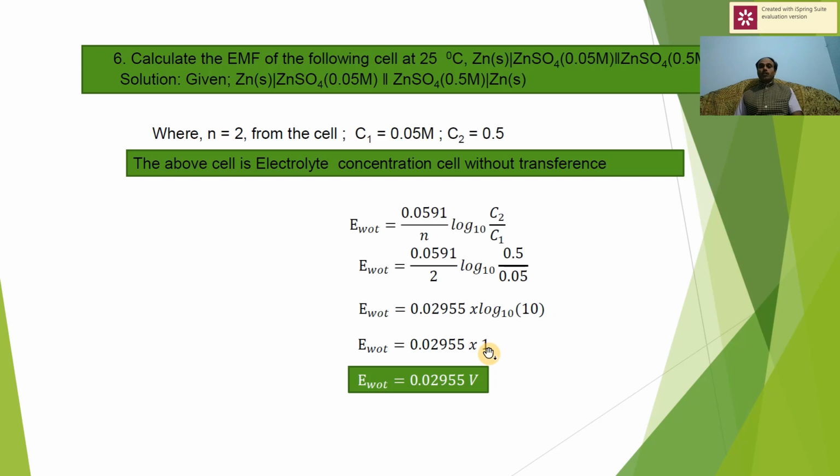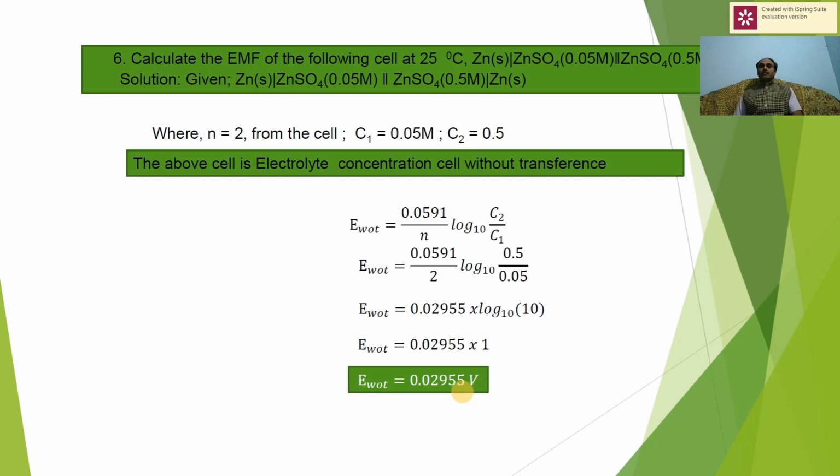Log 10 is equal to 1, and 0.0591 divided by 2 gives you 0.02955. 0.02955 into 1 gives you 0.02955 volt. Okay, the solution of this problem is very clear to you.